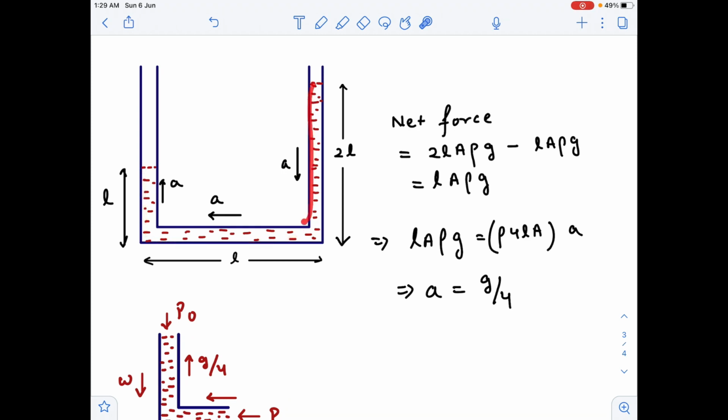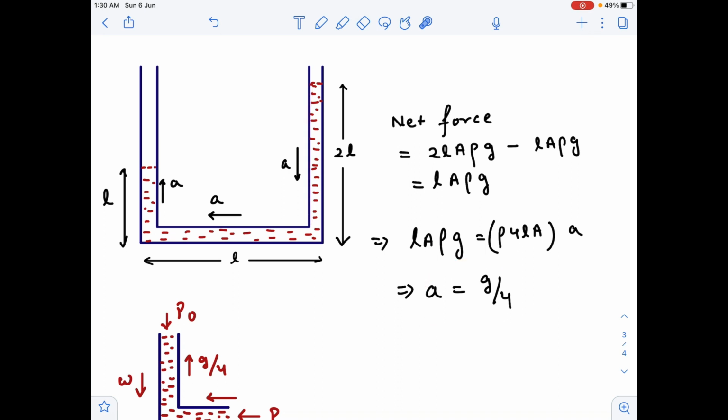The net force on the whole liquid column would be due to these vertical heights: 2L times cross sectional area A times rho g, minus L times A times rho g. This net force will create an acceleration a, and the mass of the whole liquid body is rho times 4L times the cross sectional area A. That gives a net acceleration of g by 4 just after the tube stops accelerating. This is the acceleration of the liquid.